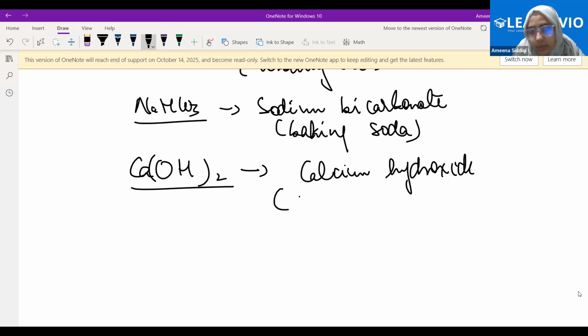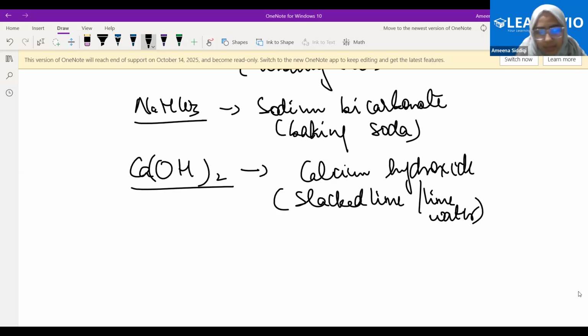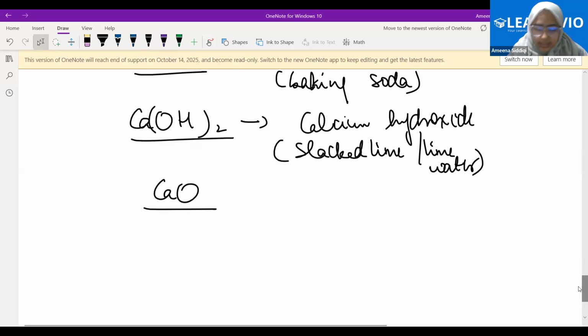And this is calcium hydroxide. Its common name is lime water at times. What is this chemical name? Calcium oxide. Its common name is quicklime.